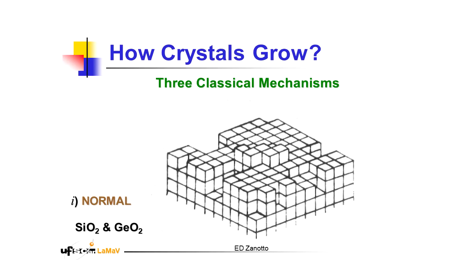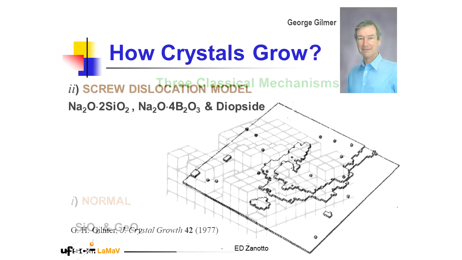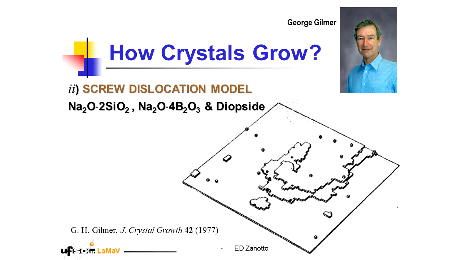In summary, for a rough interface, you have a lot of available sites for capture. That's the idea. And there are materials that behave like that. And for this case, the crystal growth model is very simple, as I'm going to show you. But before we move into the equations, there's another mechanism.